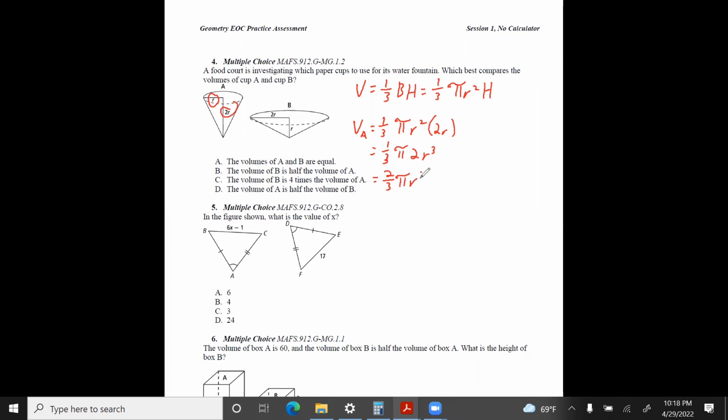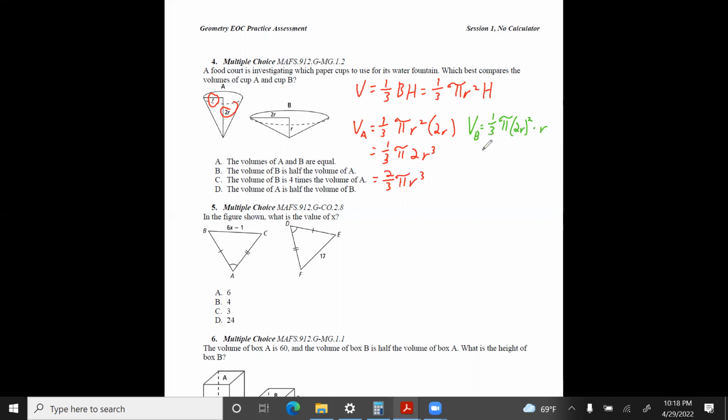pi r cubed. For the other one, so it's going to be volume, change color here. Volume for B, we're going to have 1/3 pi. This time the radius is 2r squared times the height, which is r.